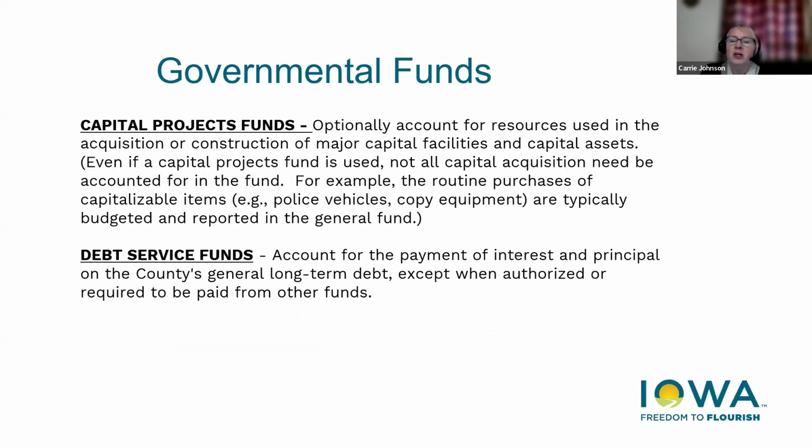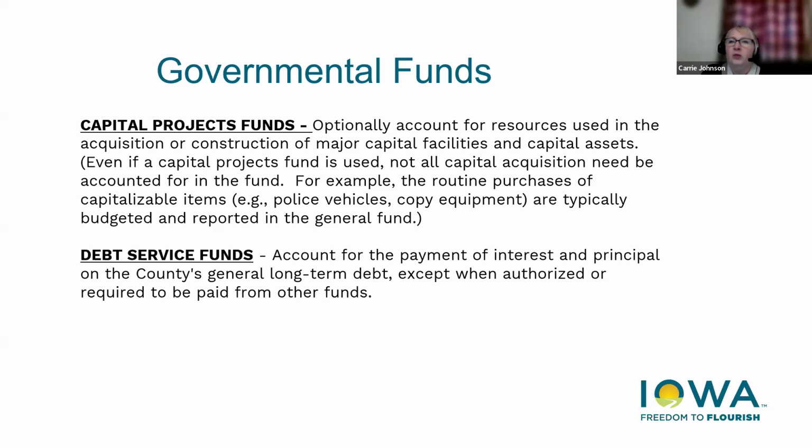Capital projects funds, these are optional funds. Most counties probably do operate at one time or another a capital projects fund. It's used for acquisition or construction of major capital facilities and assets. So say the construction of a building, this would be an example.